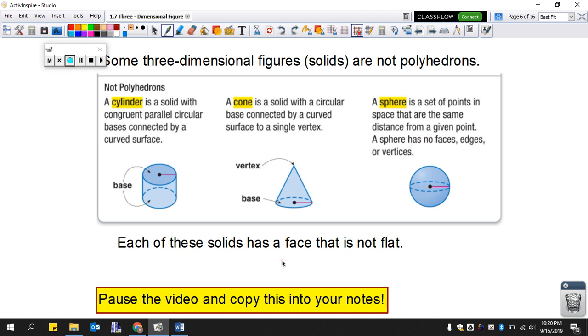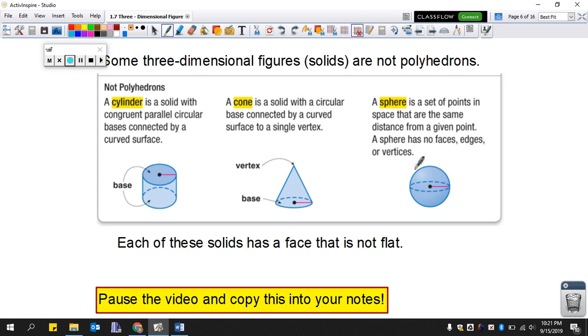There are some other three-dimensional figures or solids that are not polyhedrons. Remember, polyhedrons have straight sides. All right. A cylinder is a three-dimensional solid that is not a polyhedron because the bases are circles. Okay, and circles don't have straight sides. All right. You have cones, which the base again is a circle, and so it doesn't have straight sides.